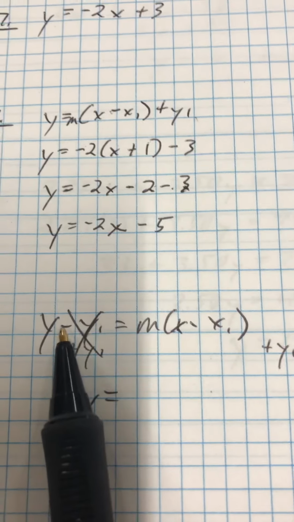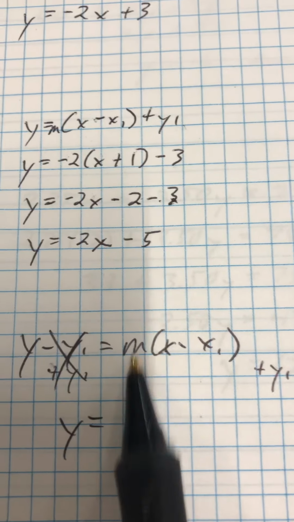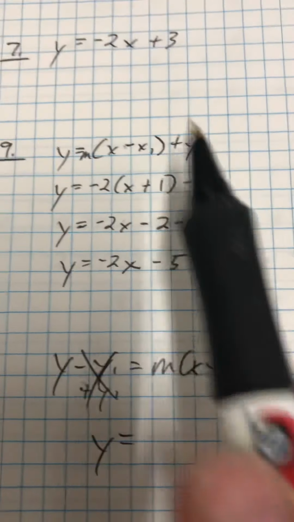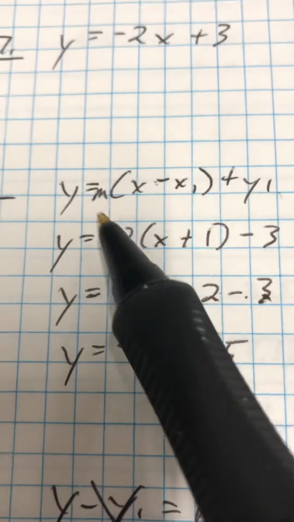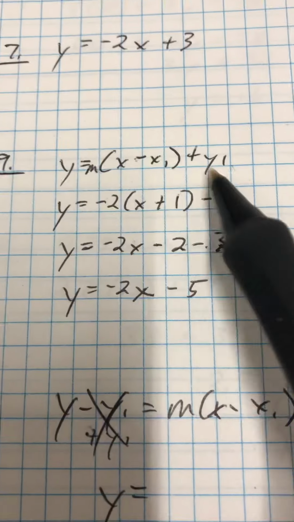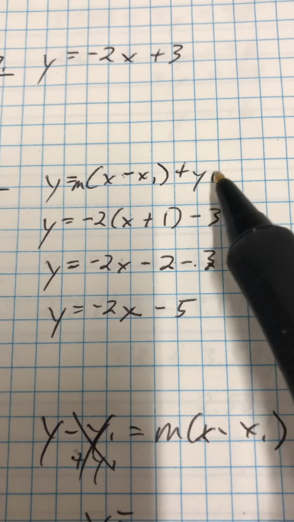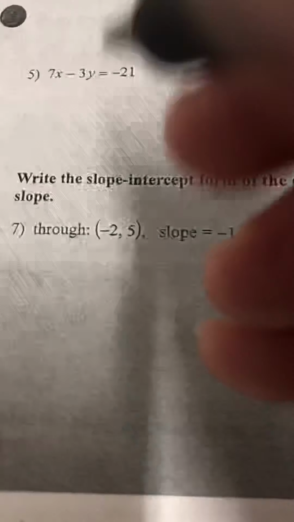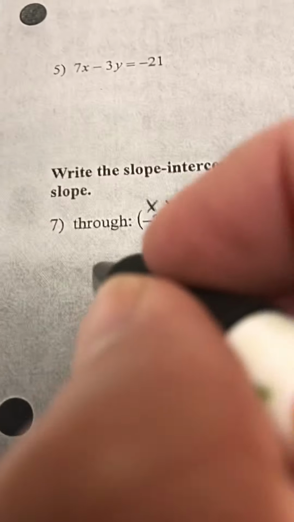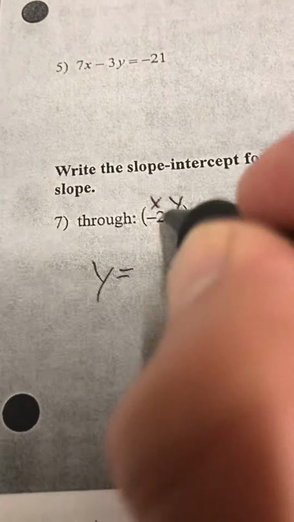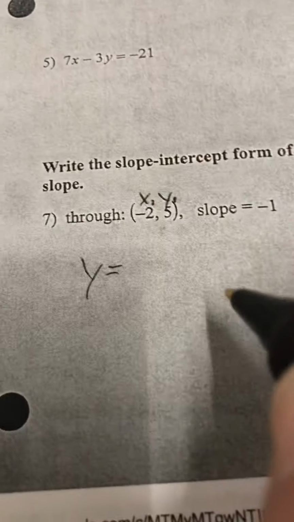Example, we use this formula, y minus y1 equals m times x minus x1 in parentheses. And remember what I did? I just added a y1 to both sides. So you put your x here and you put your y here. So this is your x, this is your y. So, you're just going to put in your x1 and y1 in particular.